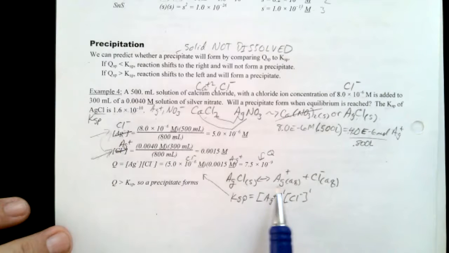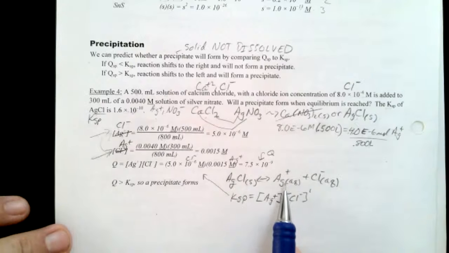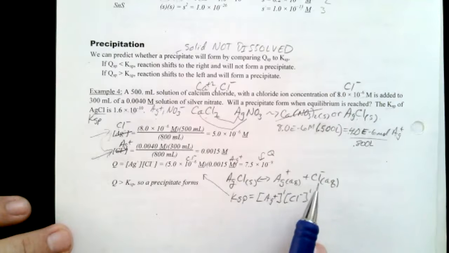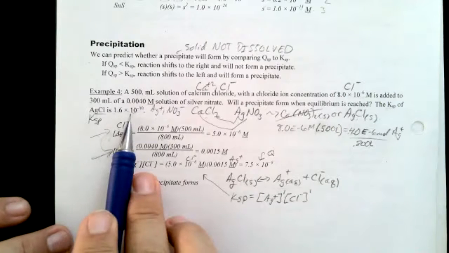Or, to say it another way, these have a stickiness such that if you try to violate K, you can't do it, because these get close enough together. There's so many of them in such proximity to each other that they start actually sticking and making solids. Some of them, anyway. And that will continue until these molarities drop to such a point where K is true again.